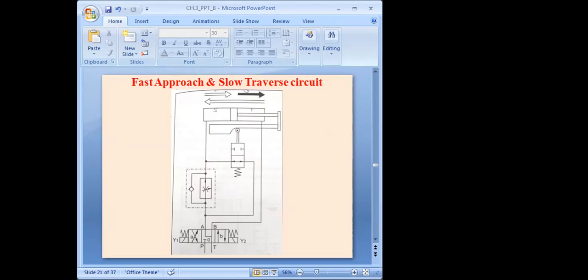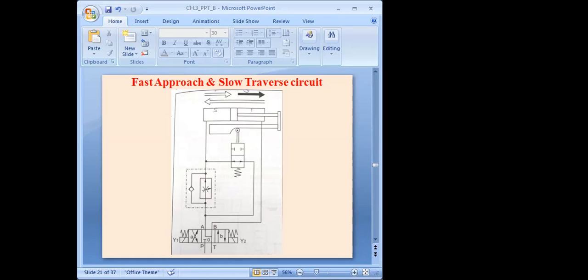As we have discussed, there are various methods of speed control, which provide constant speed during the stroke of the cylinder. In the meter in circuit as well as the meter out circuit, during the stroke of the cylinder we get constant speed, not slow and fast. We get uniform speed; it may be fast or slow, but constant.